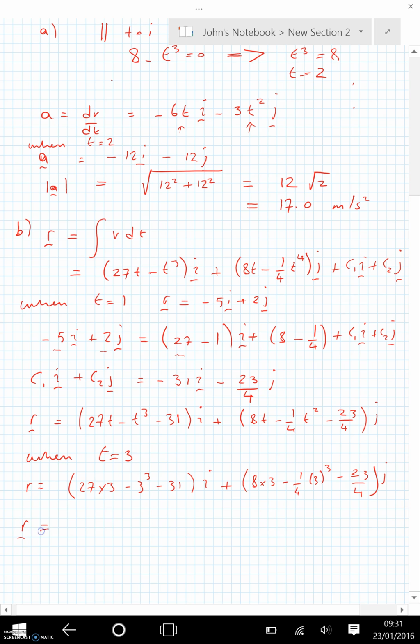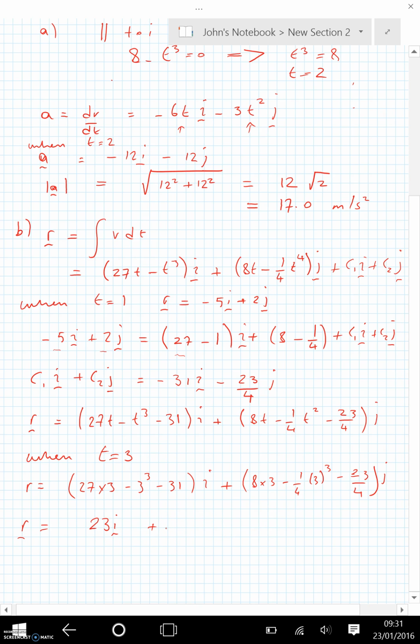So r equals, let's work this out carefully, 27 times 3 minus 27 minus 31. Again, that's 23i.